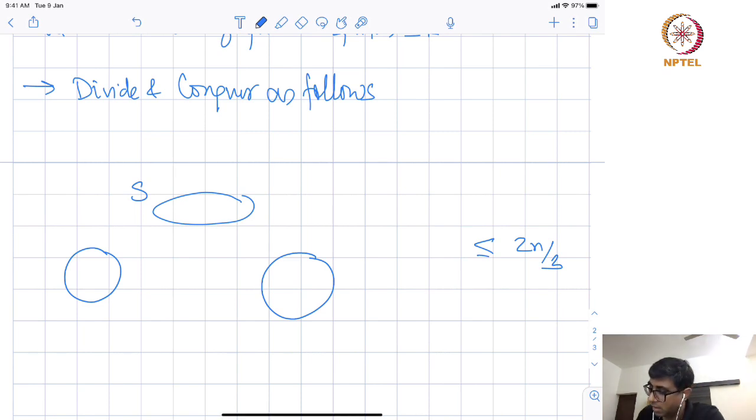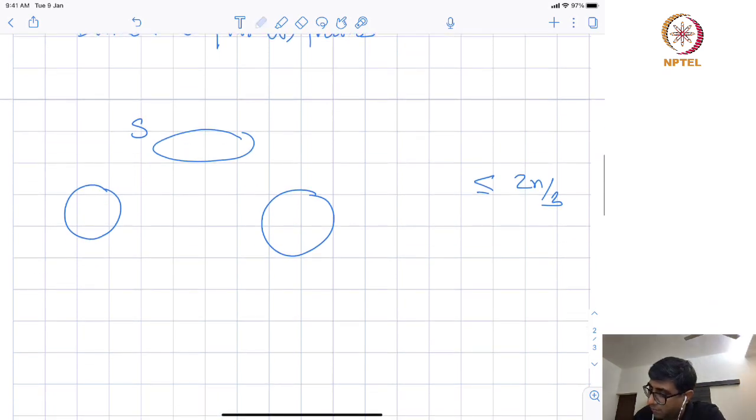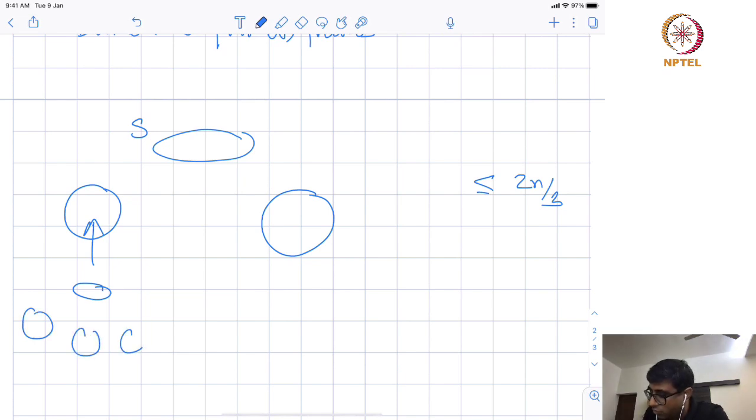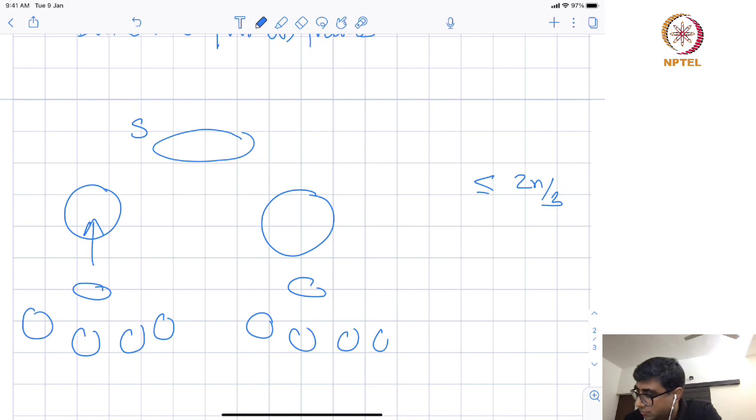Now again we find a separator for each component, and then we again get smaller pieces. So notice that this structure is like a tree.